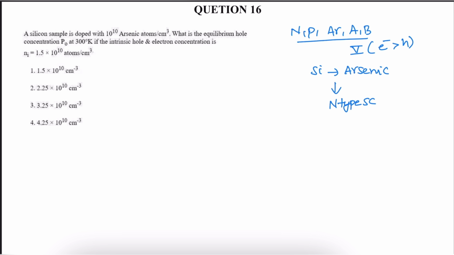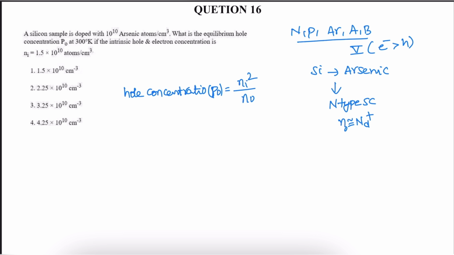For an N-type semiconductor, electron concentration is approximately equal to donor concentration. Therefore, hole concentration P naught is equal to intrinsic concentration square divided by donor concentration, or electron concentration N naught.